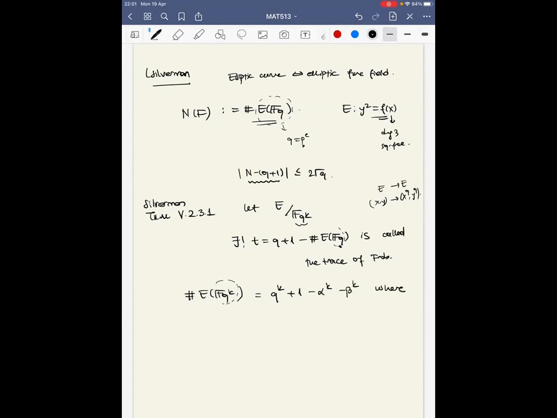Here alpha and beta are roots of x squared minus t x plus q. So if we know the number of the rational places over the base field, we can exactly compute the number of the rational places over the extension field.